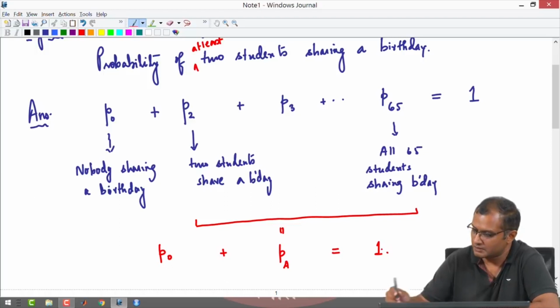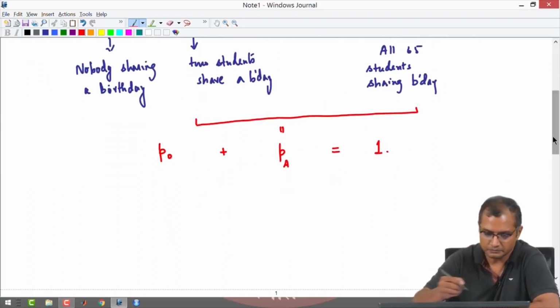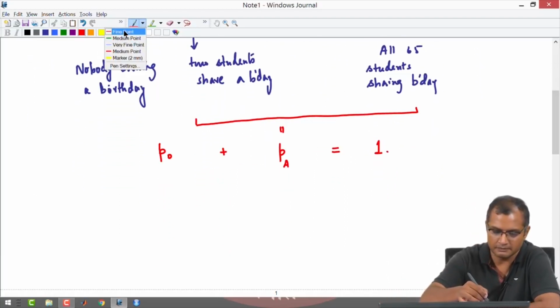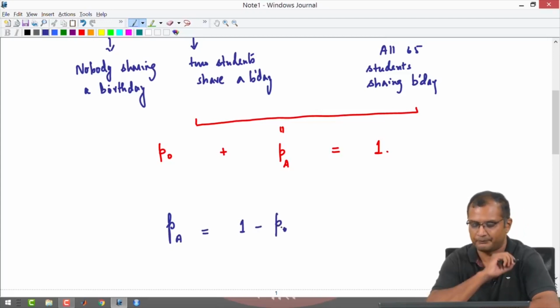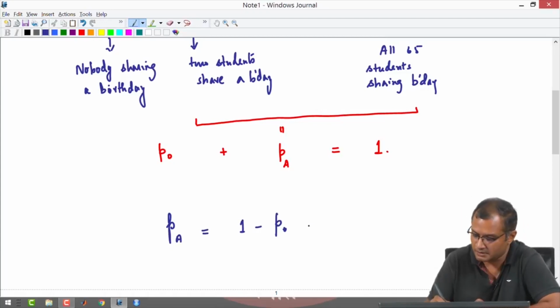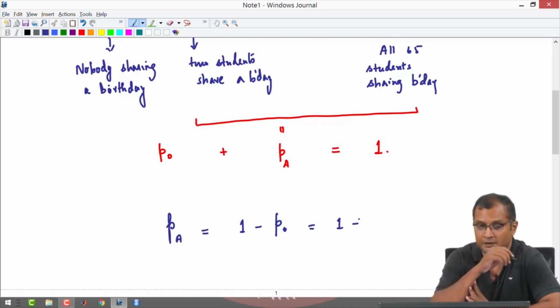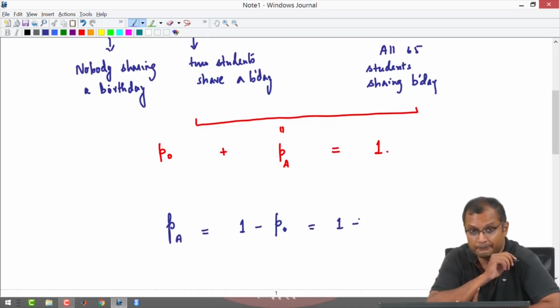Okay. Which means my answer is now P A equals 1 minus P0, which is nothing but 1 minus the probability that nobody shares a birthday.